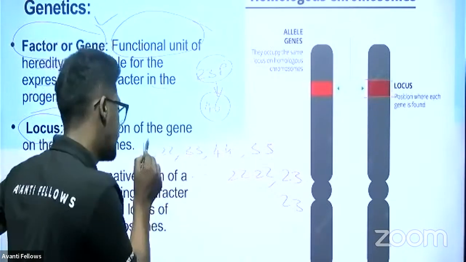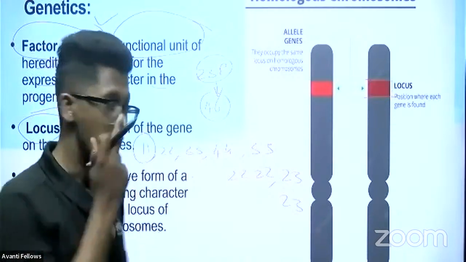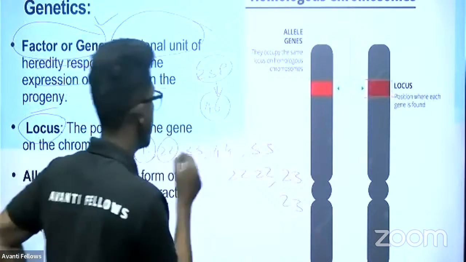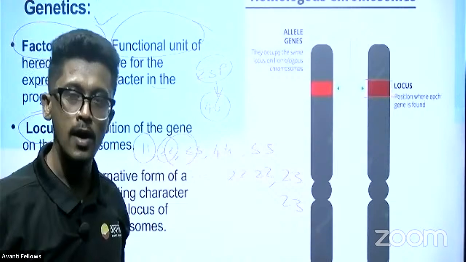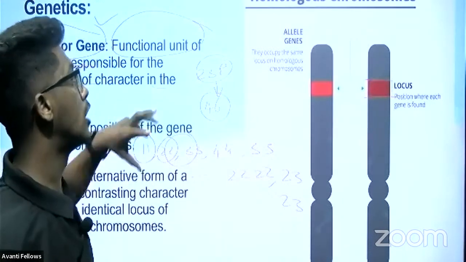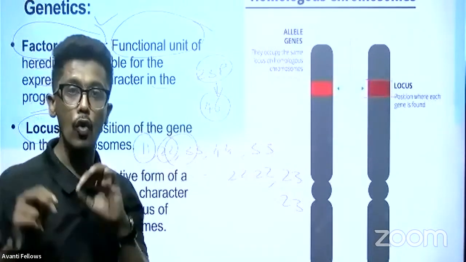Now, if I take only 1, 1, what is it called? It is called homologous chromosomes. If I take 2, 2, it is called a homologous pair of chromosomes. If I compare 2 and 3, they are called non-homologous chromosomes. You get my point. Now, if I talk about the location of a gene or an allele, I refer to it as the loci.